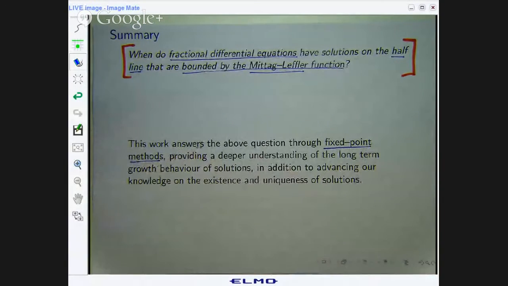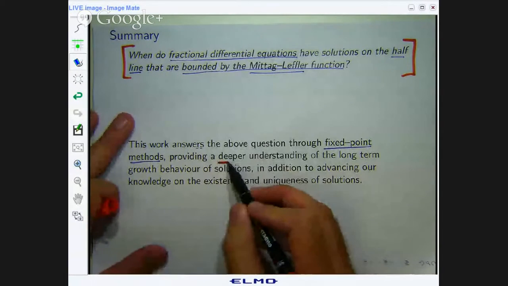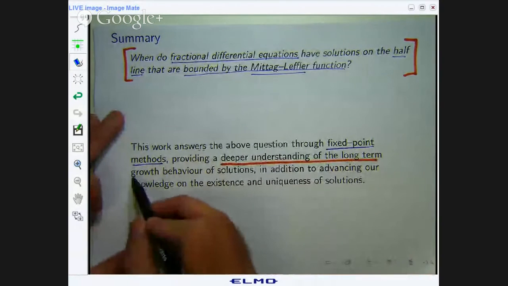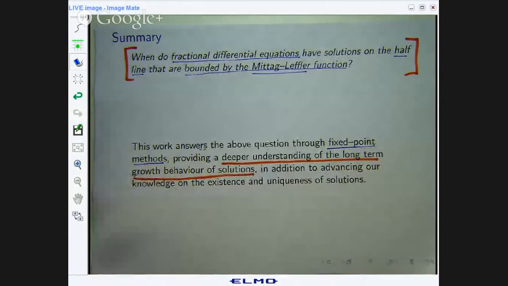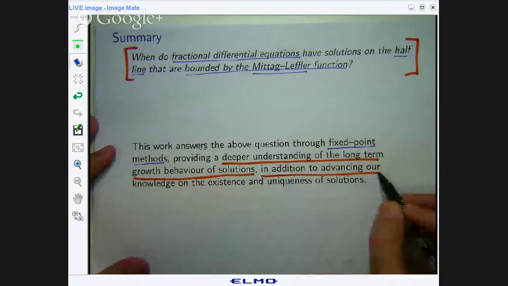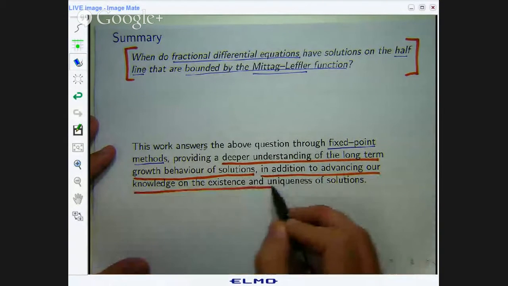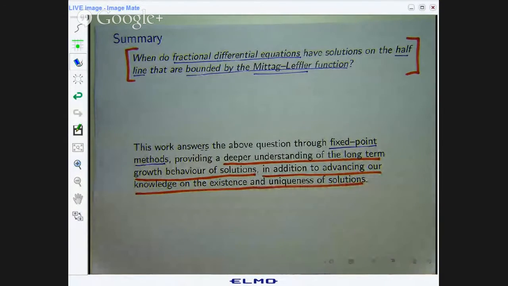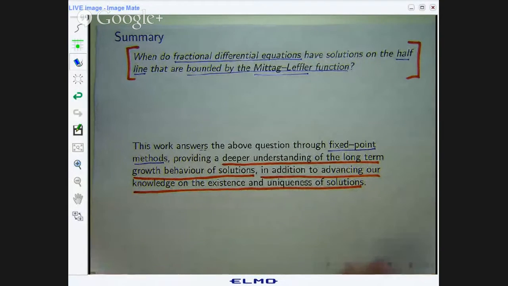Again, I'll tell you what that means. And the outcome is going to be a deeper understanding of the geometric behavior of solutions, in addition to advancing our knowledge of when these kinds of problems actually have a solution. Okay, so that's the why you'd want to do this.